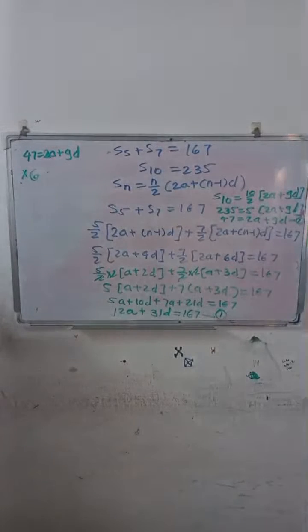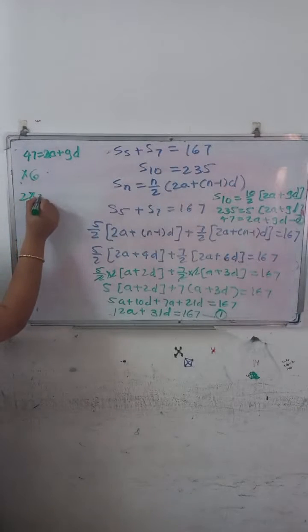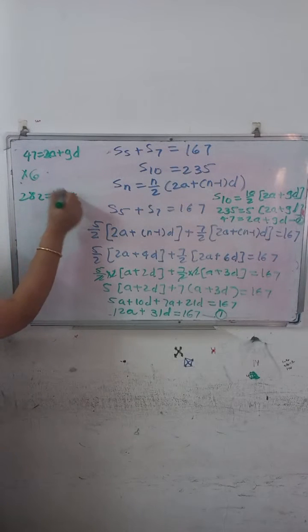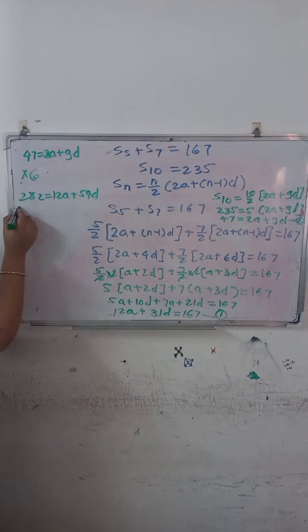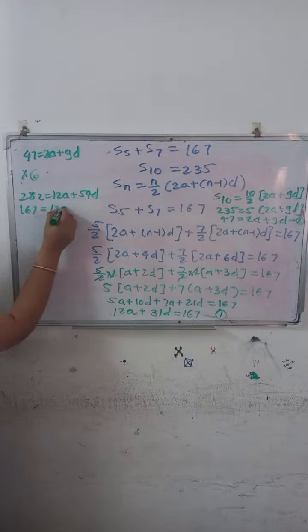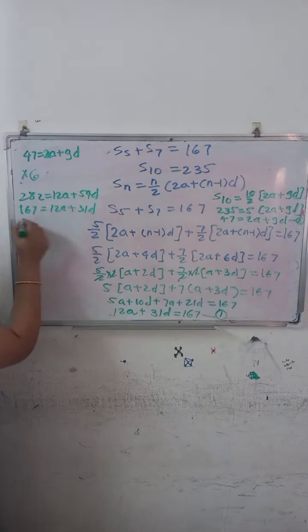Oh my god, I'm getting saturated with maths. So 47 into 6 is 282. 282 is equal to 12a plus 54d, and here we have 167, 12a plus 31d.